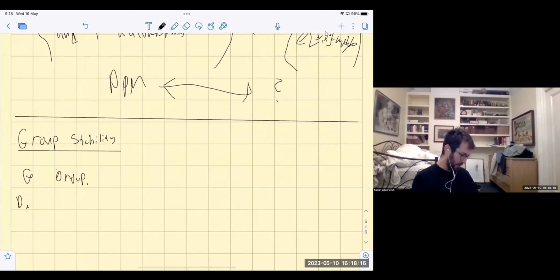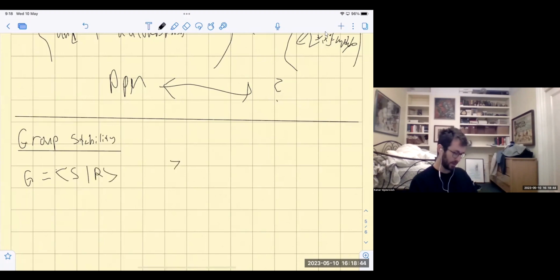So definition. I have a group G, and suppose it is generated by some generators and some relations.